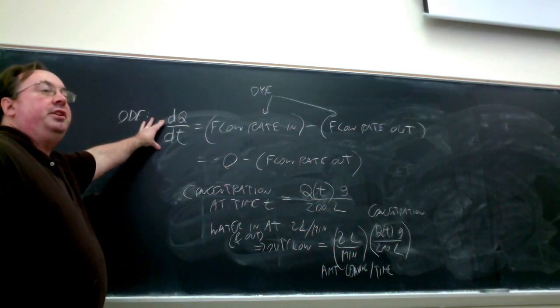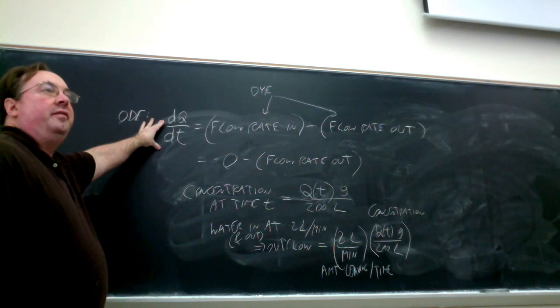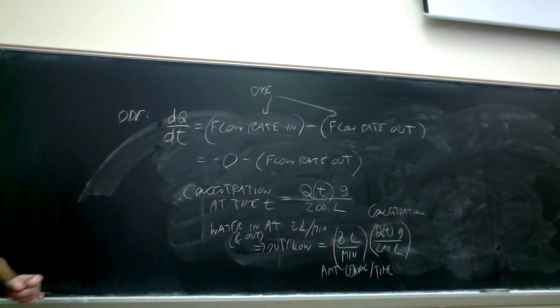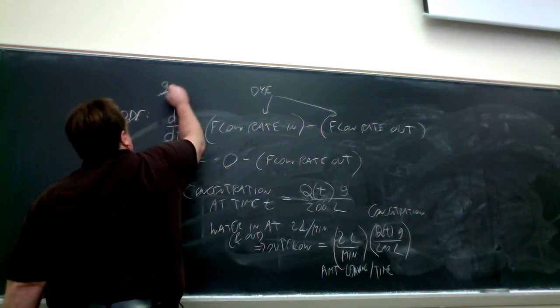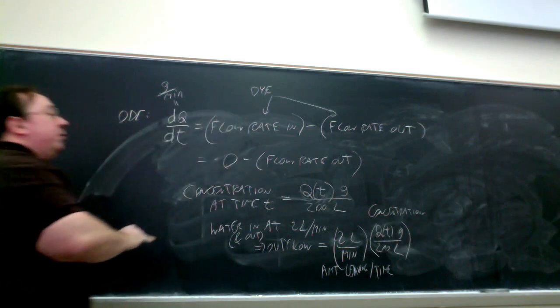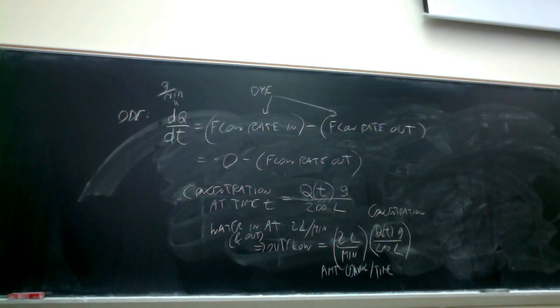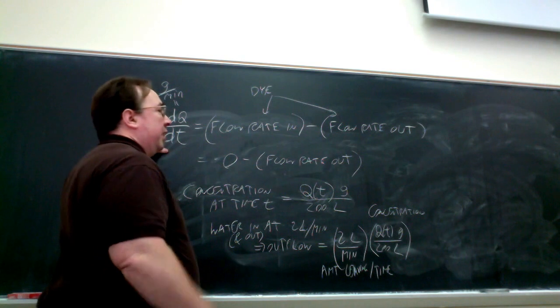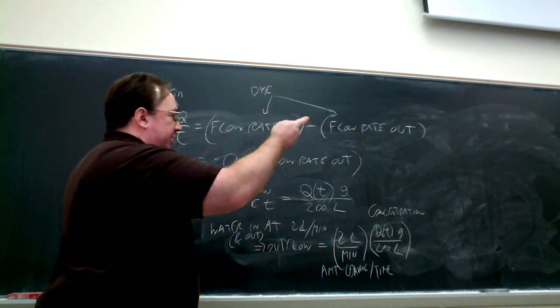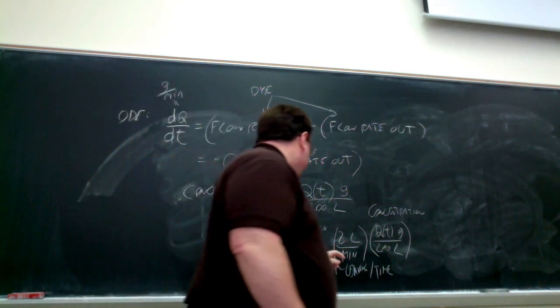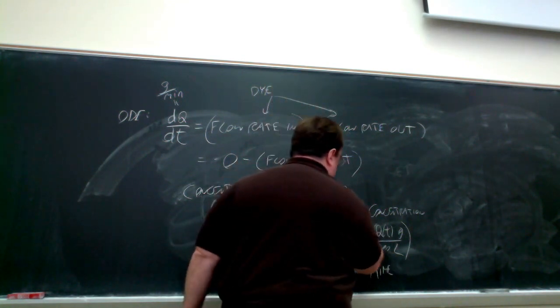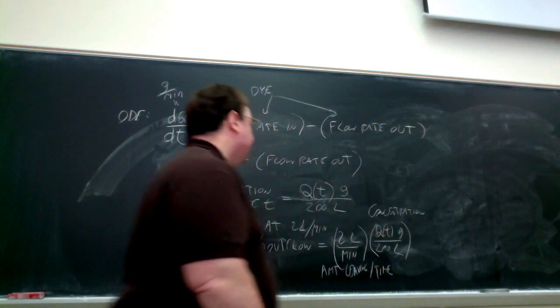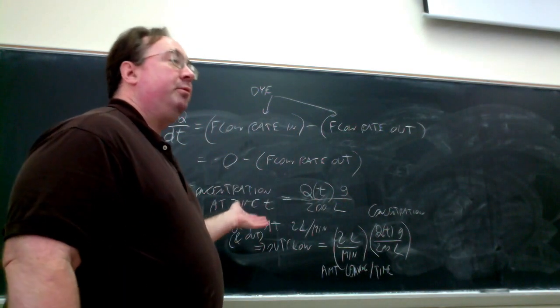Now, since we're using minutes as our unit of time, what are the units of dQ/dt? Grams per time, in this case grams per minute. So make sure that what's on both sides of your differential equation have consistent units. Grams per minute, because the given information is in minutes. Over here, outflow is liters per minute times grams per liter. The liters cancel out, so we get grams per minute.